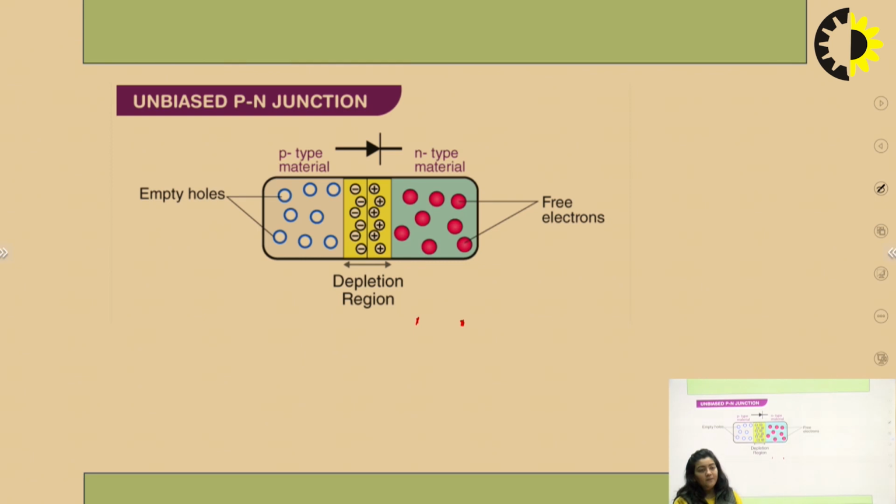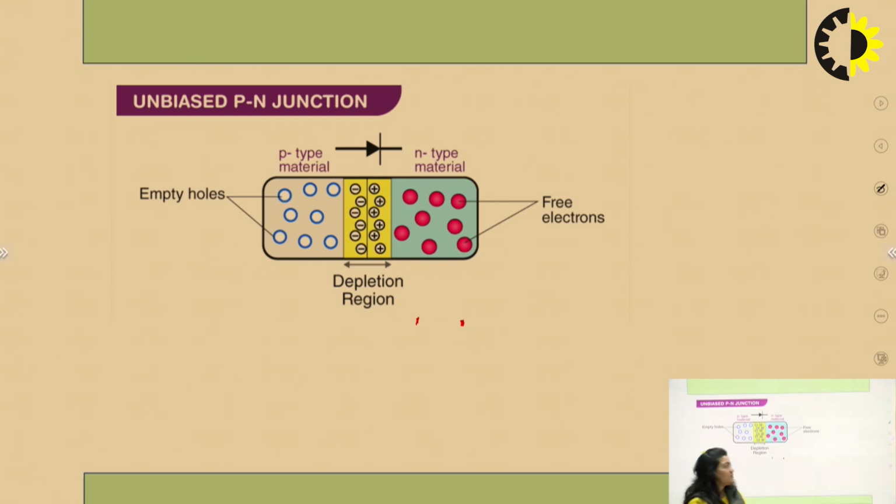Suppose we combine both materials, combining means during the formation, at the basic level. During the manufacturing, we combine the P type material with the N type material. Then a device is formed which is called a PN junction.